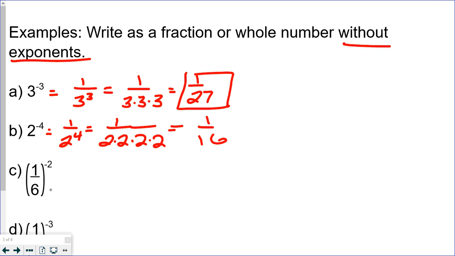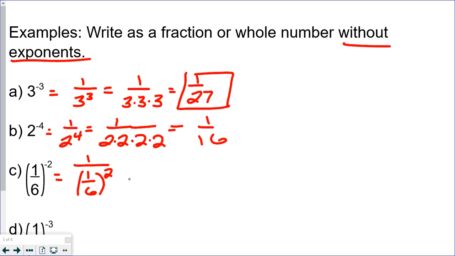Now, if you have a fraction as your base, let's do the same thing that we did up here. Let's put it under 1. This is going to look kind of funny for some of you. So 1 over 1/6 to the positive second.